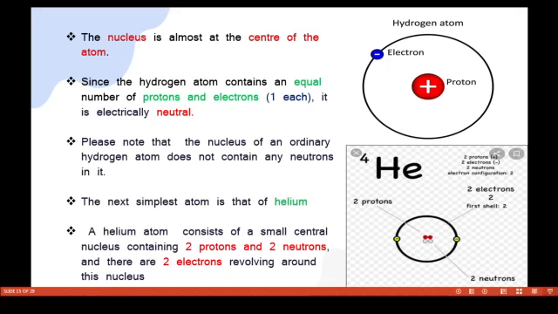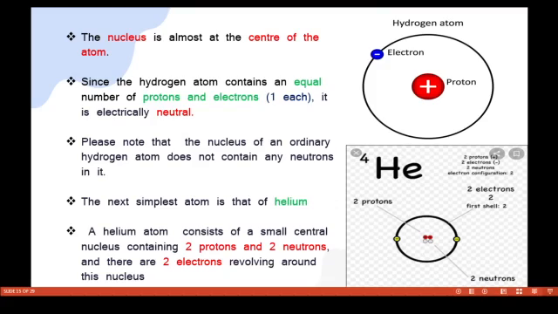See students, look at the picture: one electron, one proton. This is the hydrogen atom, with only a proton and an electron. The nucleus is almost at the center of the atom, having only a proton. Since the hydrogen atom contains an equal number of protons and electrons, it is electrically neutral. So the hydrogen atom does not contain any neutron. Keep it in mind.